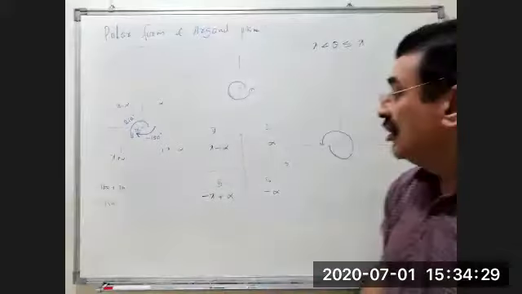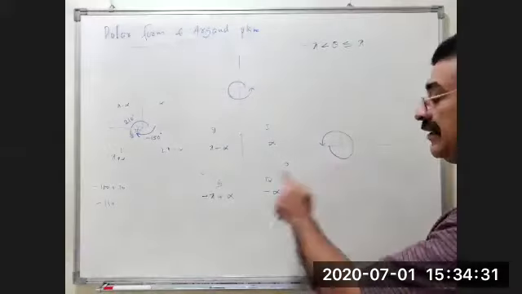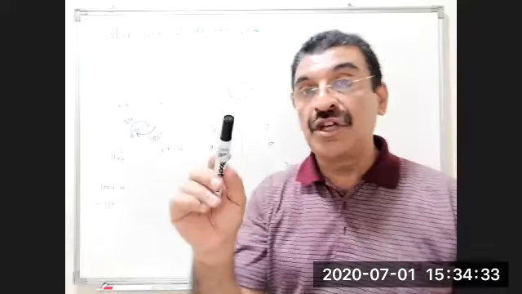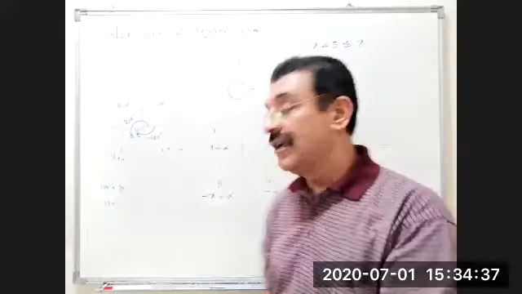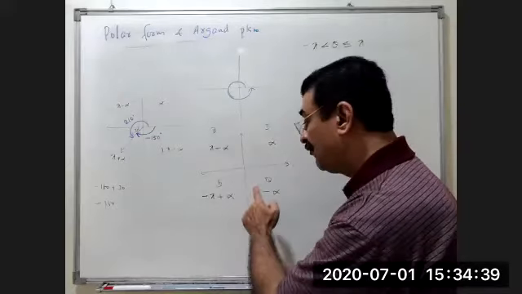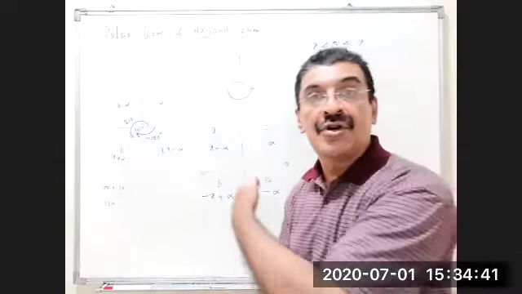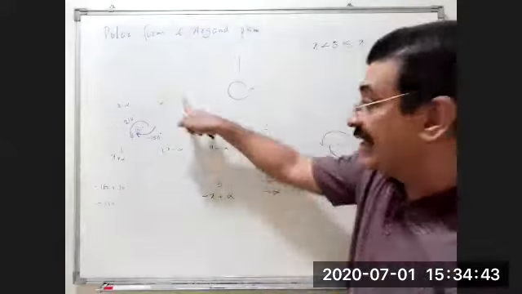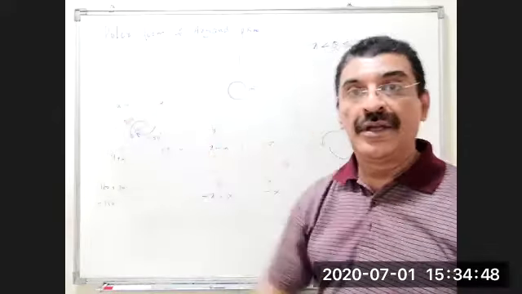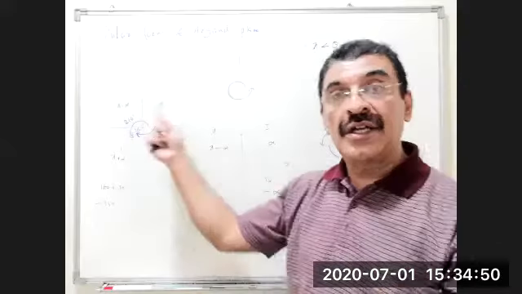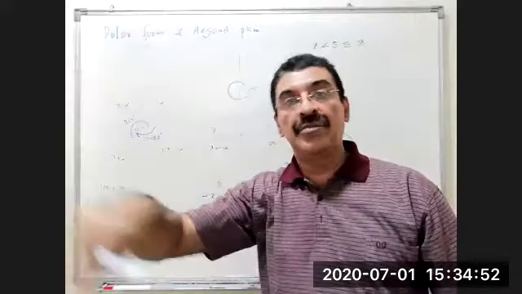In short, for complex numbers, if the angle is in quadrant 3 or 4, we take the negative direction, or we measure it clockwise. Whereas in trigonometric equations, we always measure in the positive direction.